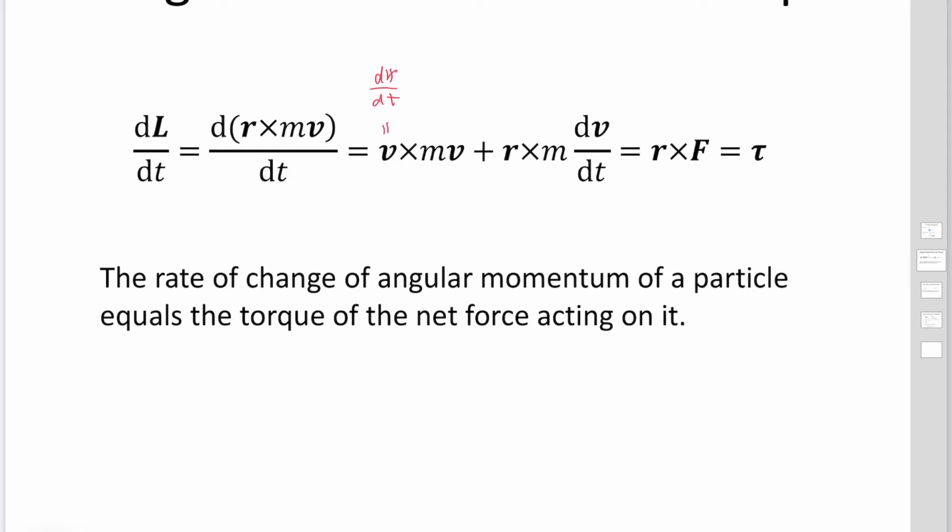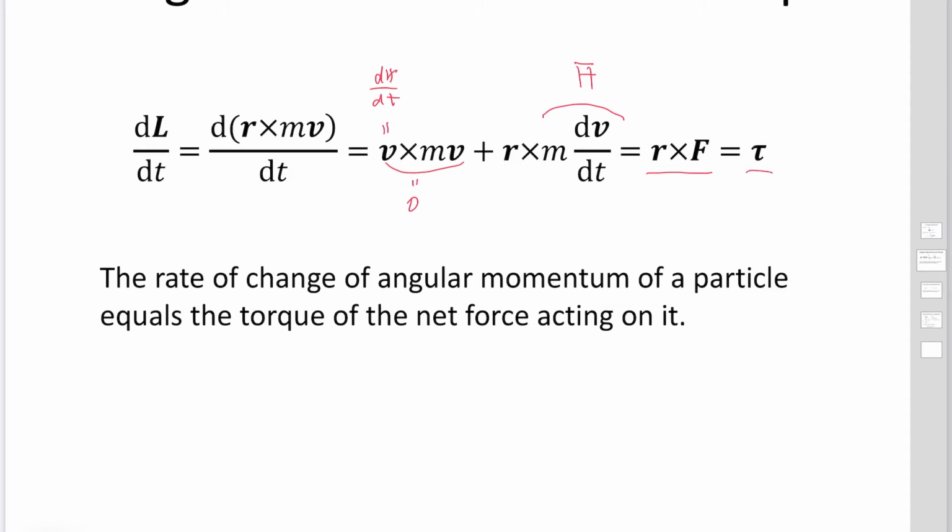Then v cross v becomes 0, because the cross product of the same vector is 0. And m dv/dt is equal to F. So you can move to the next line, r cross F. This is the definition of the torque.